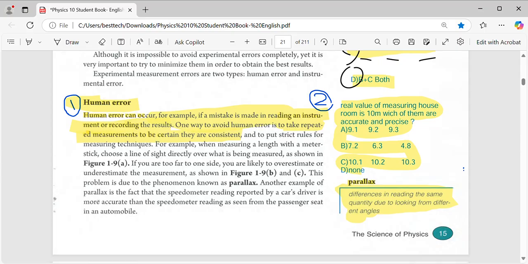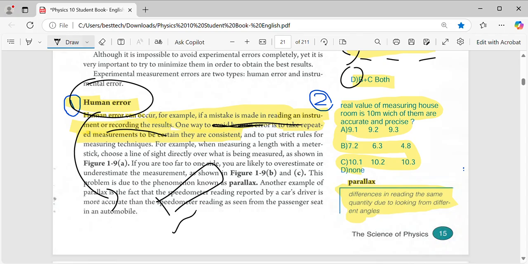When you make a mistake, of course you get the wrong answer. So this is called human error, because it's your fault if you get a wrong answer. A human error can occur, for example, if a mistake is made in reading an instrument or recording the result.